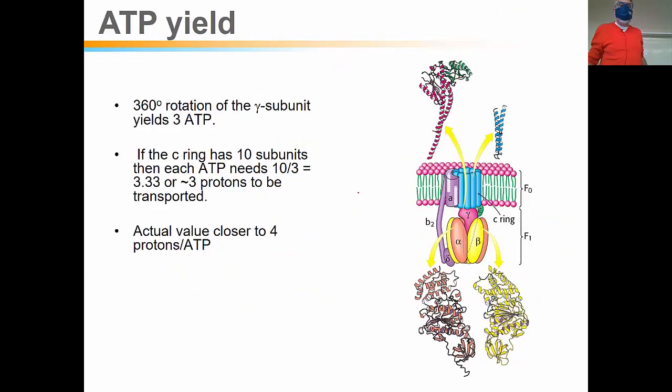And so for every 10 protons that are moved across the membrane, we should produce 3 ATP. All right. And so that means that each ATP requires 3.333333333333 protons. Okay?